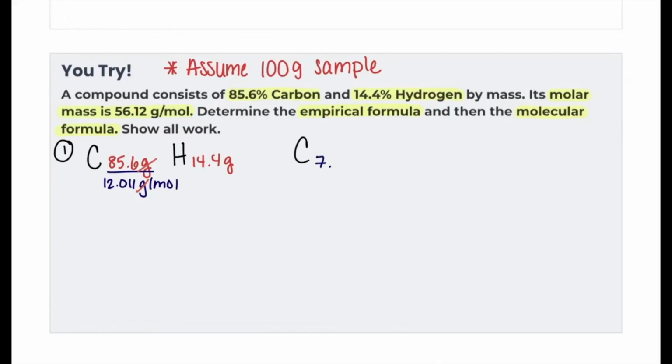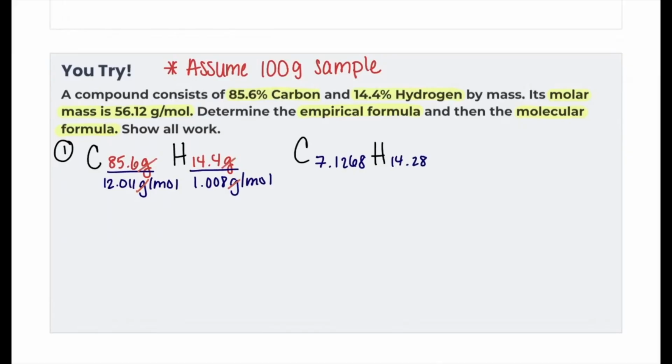Hydrogen, we have 14.4 grams divided by its molar mass of 1.008 grams per mole, and we get 14.2857 for hydrogen.